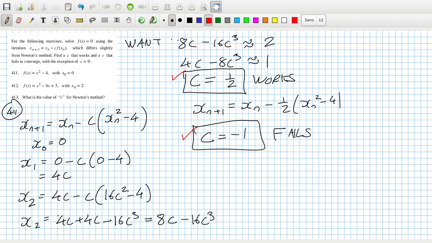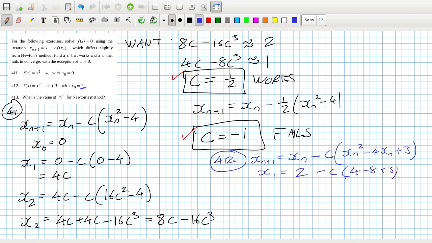So if we do something similar for 4.12, we can say xn plus 1 equals xn minus c times xn squared minus 4xn plus 3. And we start off with 2. So x1 equals x0 minus c times 2 squared minus 8 plus 3.